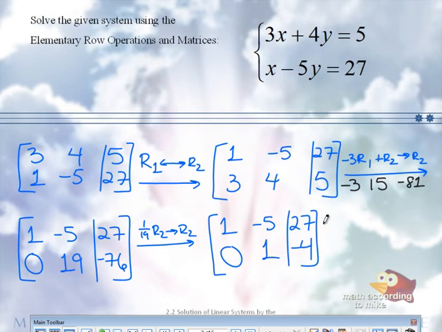So we're going to say 5 times which row? Row 2, y. Well, what does row 2 have? It has the 1. 5 times row 2 plus row 1 makes the new row 1.